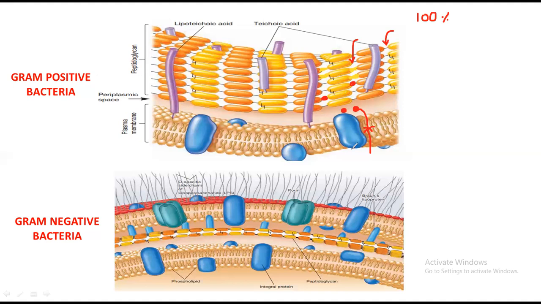The cell survives, and after that it has a mechanism to repair its peptidoglycan layer and proteins, so the microorganisms survive. This is also the case in gram negative bacteria. When we add 100% alcohol, the porin proteins, the lipopolysaccharides, the peptidoglycan layer, the integral proteins, and the phospholipids are all directly coagulated.